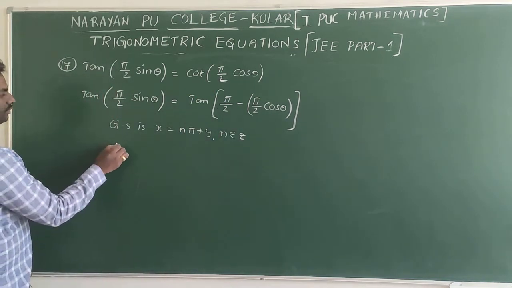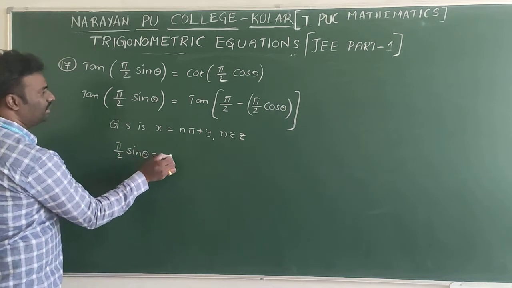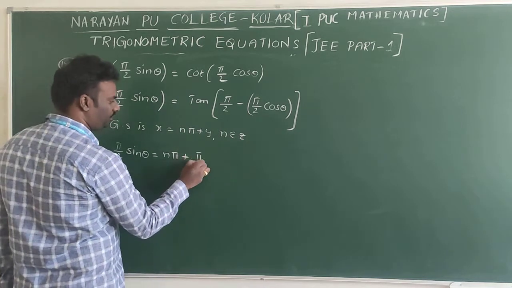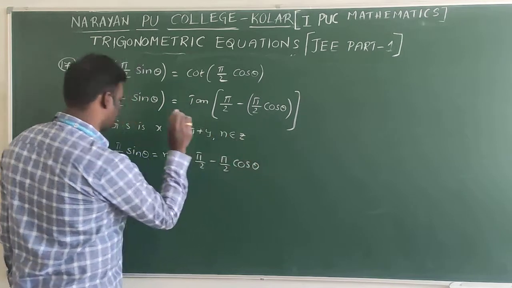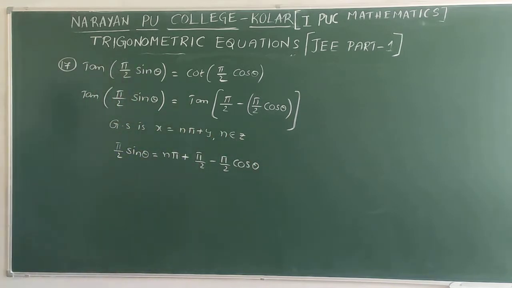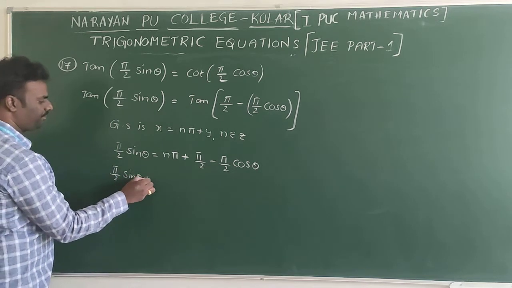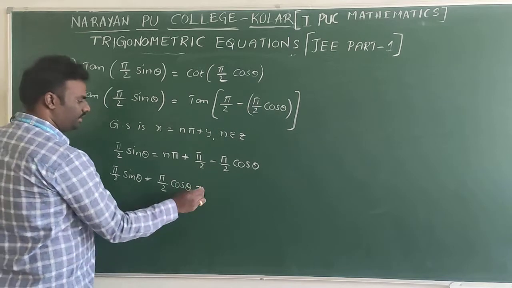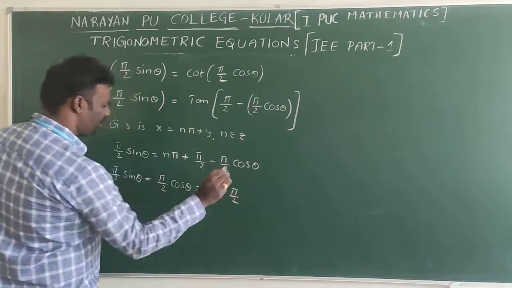Now pi by 2 sin theta equals n pi plus pi by 2 minus pi by 2 cos theta. You send the minus to this side: pi by 2 sin theta plus pi by 2 cos theta equals n pi plus pi by 2.